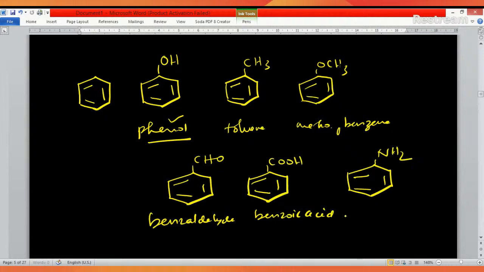It is nothing but aminobenzene, also called aniline. So these are the most common substituted benzenes. Benzene derivatives can undergo the electrophilic substitution reactions. Those nitration reactions we can discuss in the forthcoming sessions. Okay, thank you. With this, we can conclude this session.